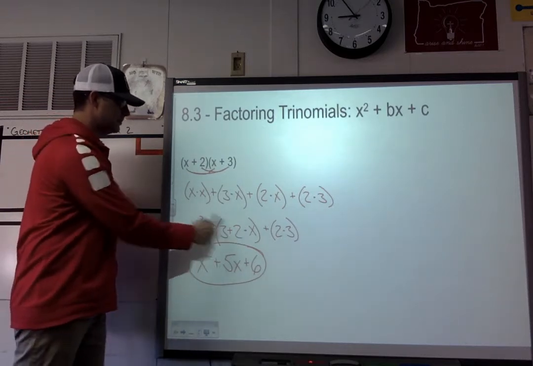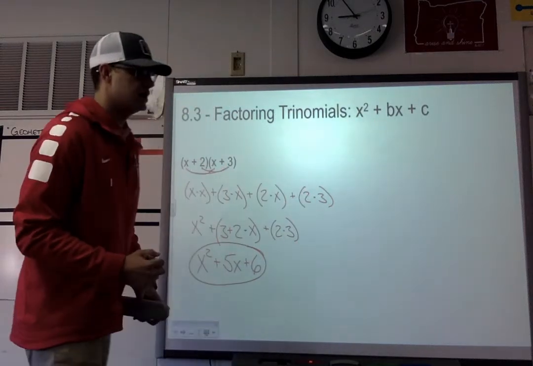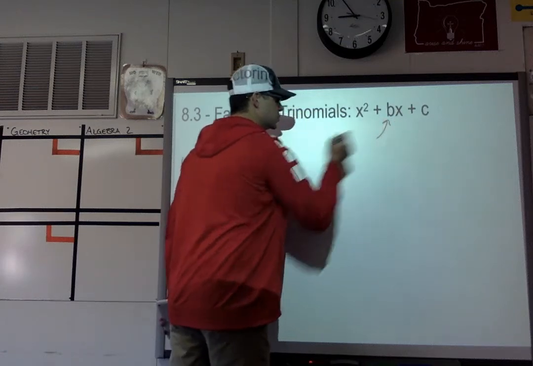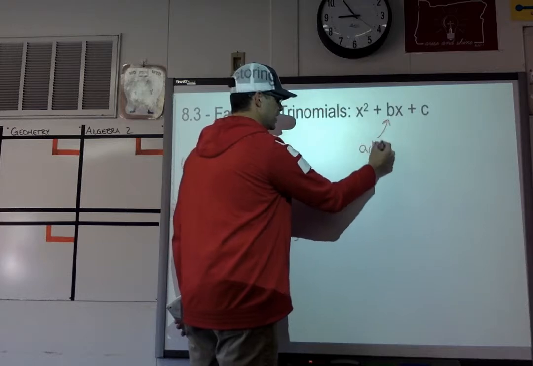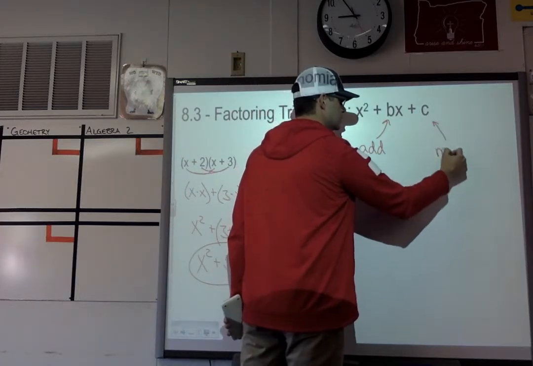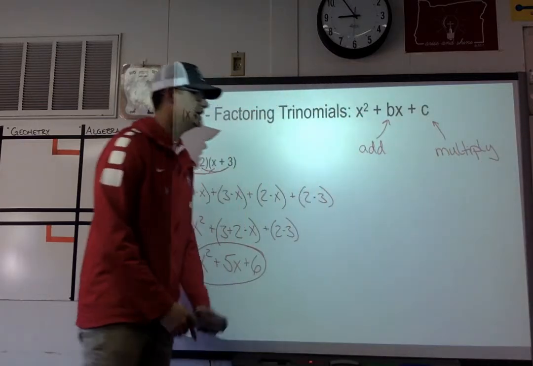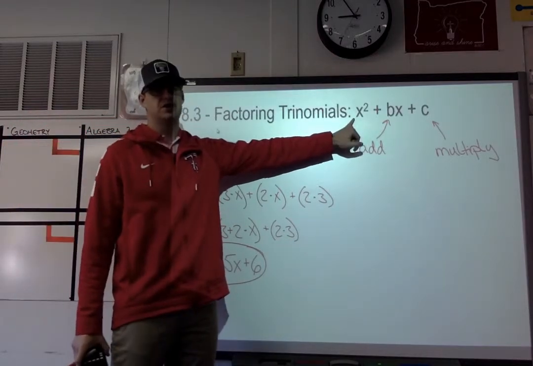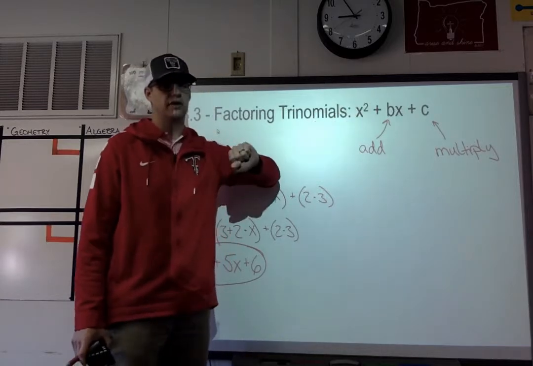Now, if you notice a pattern here, when you have a trinomial and you're factoring it, what we're trying to do is figure out two numbers that add to whatever b is and that multiply to whatever c is. So this is for today when we have a trinomial with a coefficient of 1, meaning our x squared term only has a 1 in front of it.